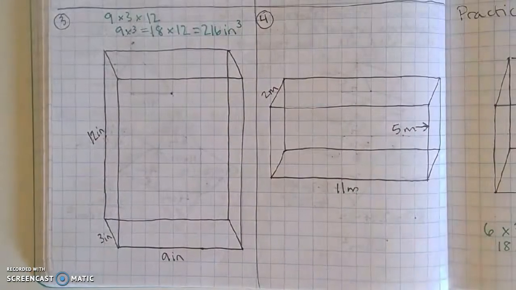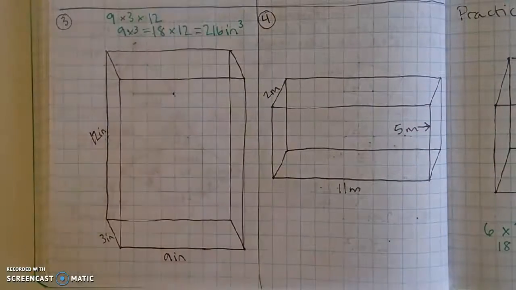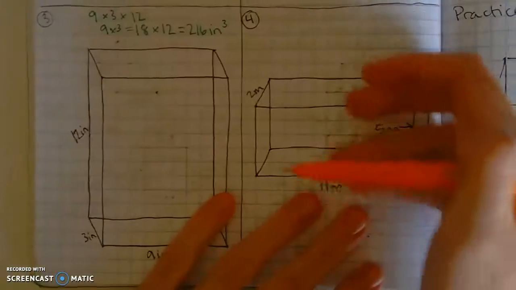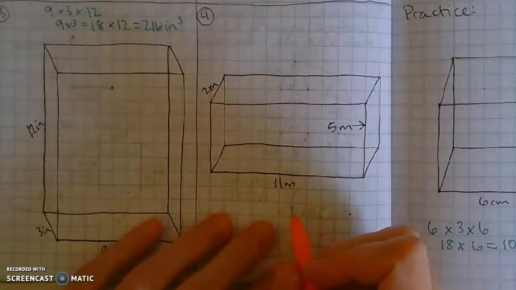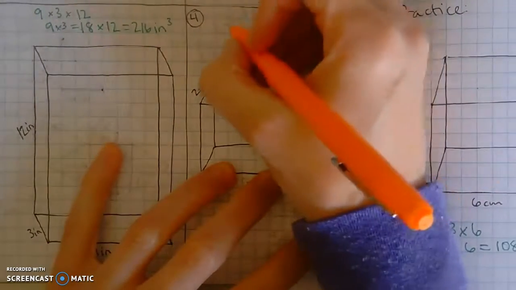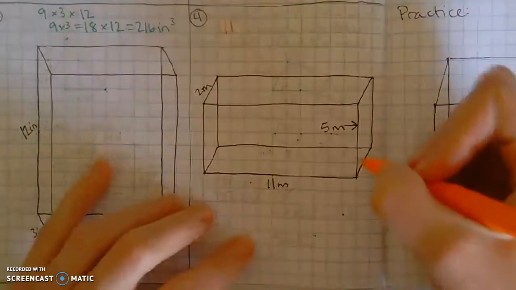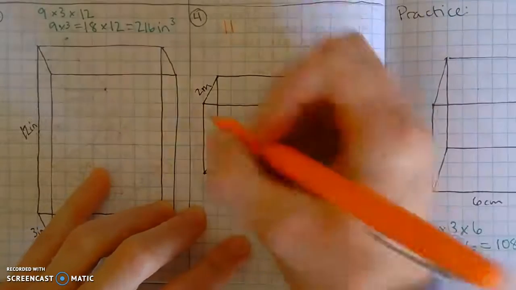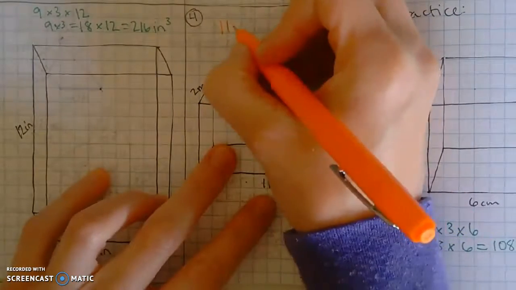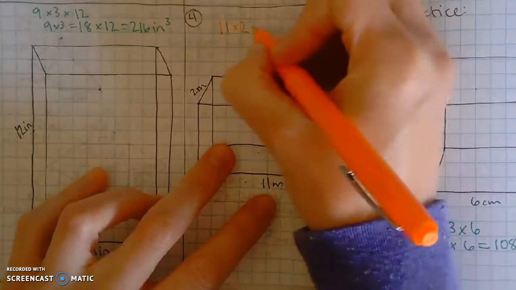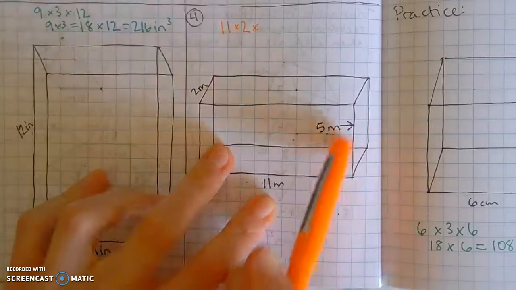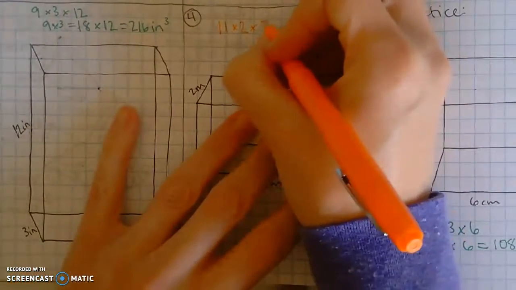Okay, last problem. My width is 11, or sorry, length is 11, I should say. My width down here, and it's over here, is 2. So I'm going to multiply by 2, and then I'm going to multiply that by my height, which is 5.